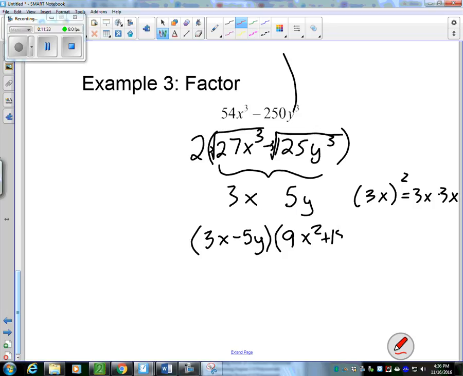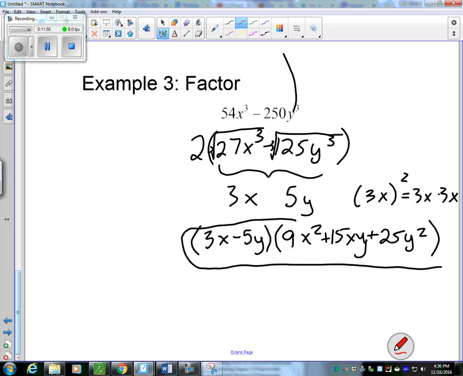And then it's always positive, and the b squared. So 5y squared is 5y times 5y, which is 25y squared. And this is it. Oh no, I forgot the 2. Do not forget your greatest common factor. So let's put that 2 out front here, and that'll be it. Thank you for listening. Come to class with questions.